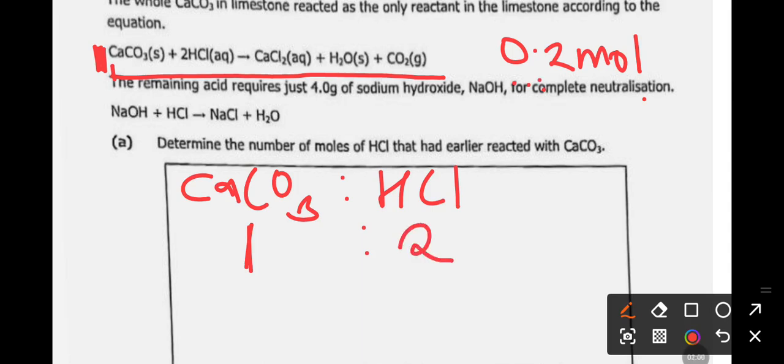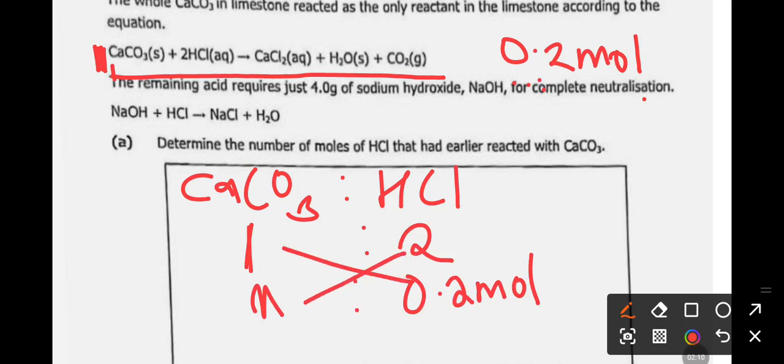Then we have 0.2 moles of hydrochloric acid. So let's represent this with an x. If we do the basic math here, we'll have that 2x is equal to 0.2 mole.